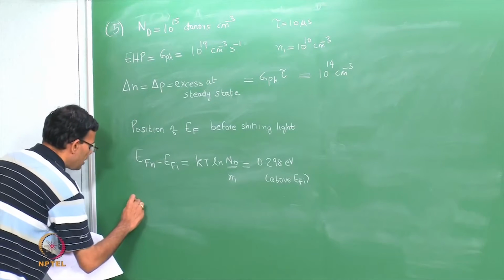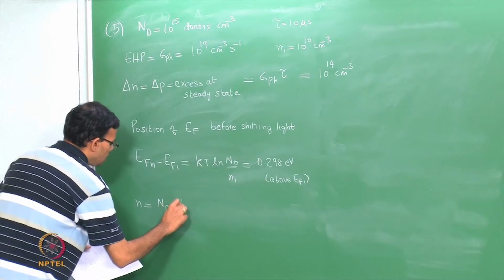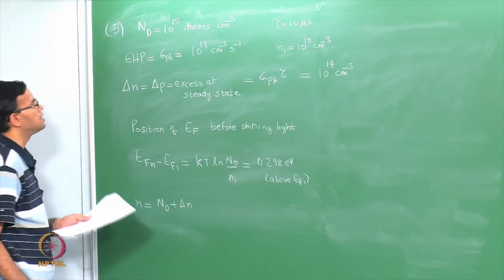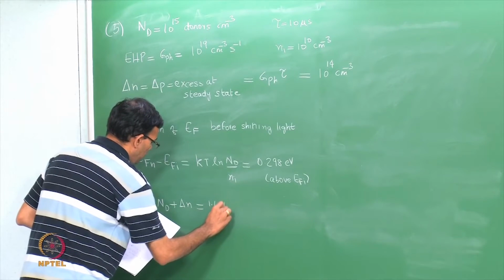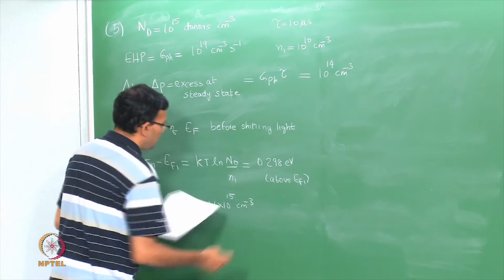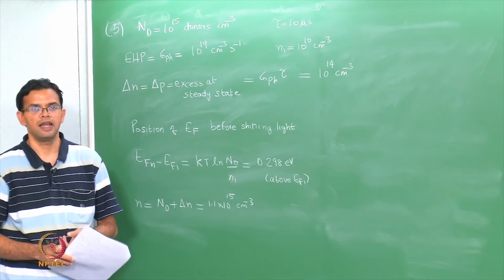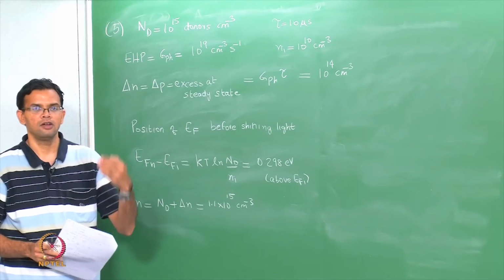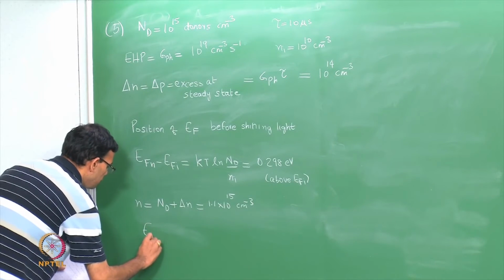Your new electron concentration N is nothing but Nd plus delta N, which works out to be 1.1 times 10 to the 15 per centimeter cube. If you have an excess concentration of electrons, this will again cause a slight shift in the Fermi level. This is your quasi Fermi level.